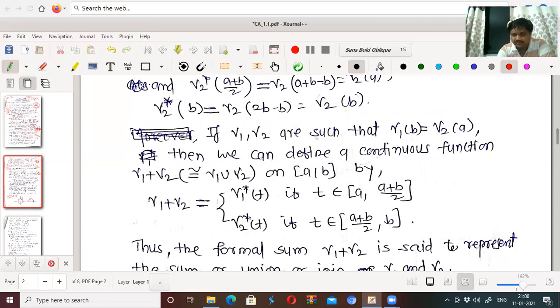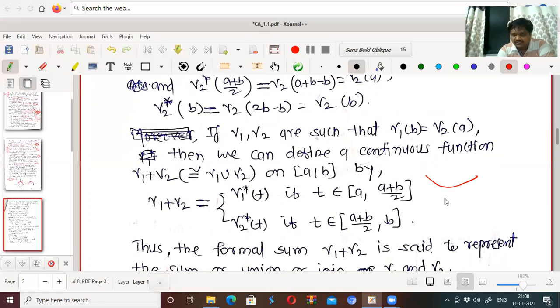For example, suppose this is the first curve C1 and from this we have the second curve C2. Then this whole curve is called C1 plus C2.